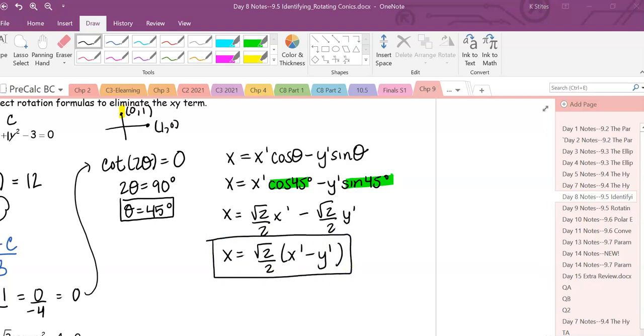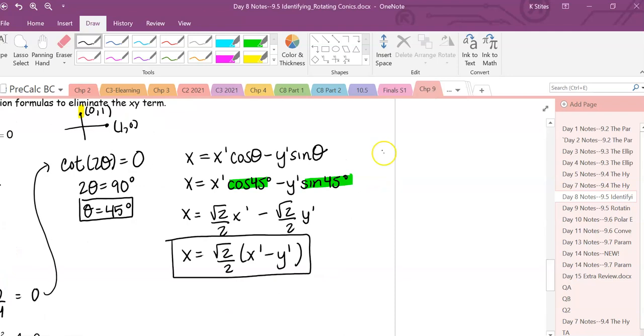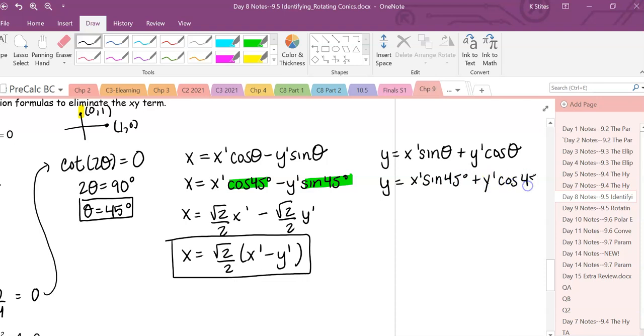All right, so that is our first rotation formula, and now we're going to write the second one. The second one was y equals x prime sine theta plus y prime cosine theta. And again, you are just plugging in 45 for your thetas. That's the only thing you're plugging in.